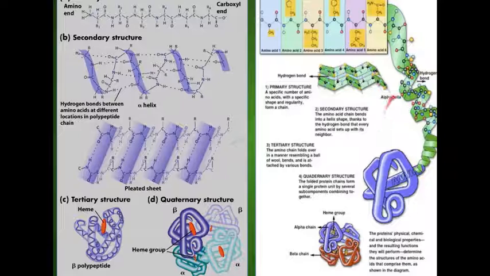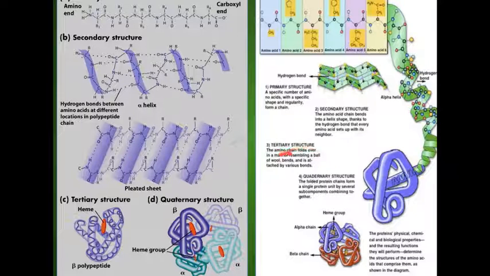Then we have secondary structures, which have alpha helices and beta sheets, with hydrogen bonding, which makes the protein strong. Then we have tertiary structure, that is when the amino chain folds over itself in a manner which resembles a ball of wool, right?